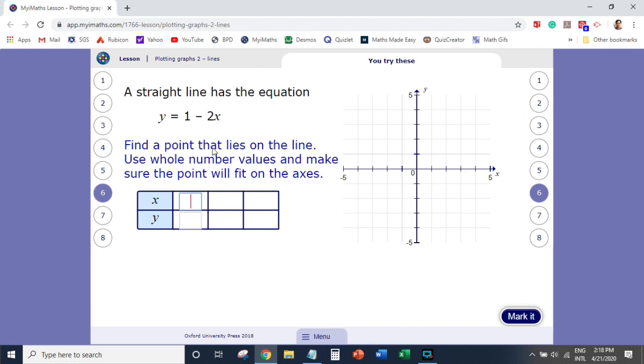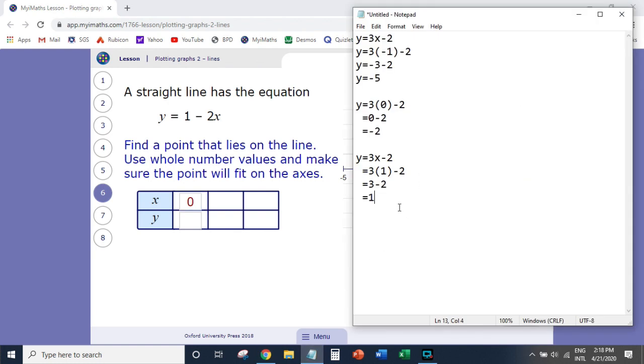So a straight line has the equation of y equals 1 minus 2x. Find a point that lies on the line. Use whole number values and make sure the point will fit on the axis. So again, I will use a lower number. Let's say I will start with 0. Okay, so if x is 0, again, I will erase this.